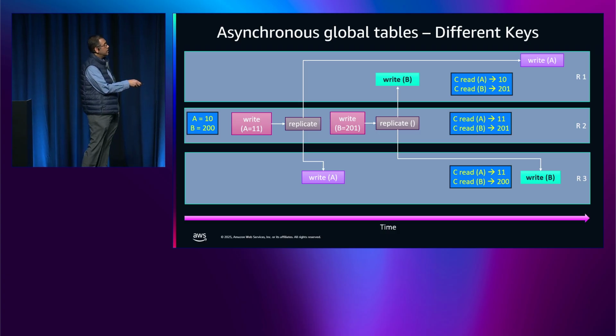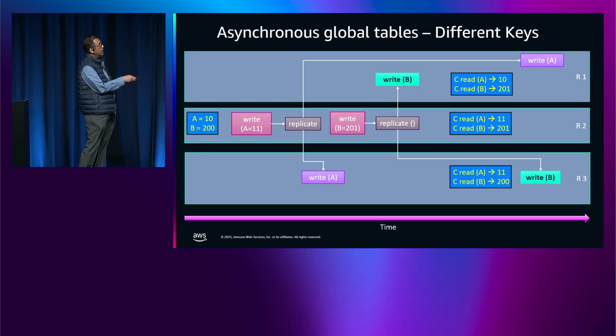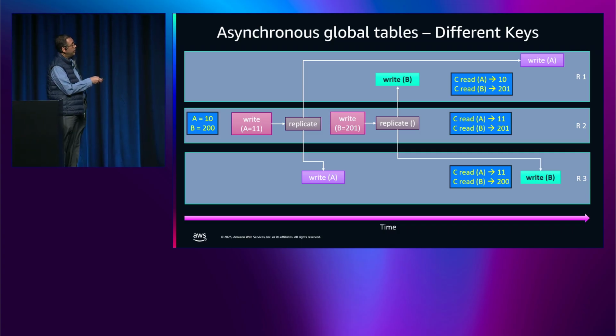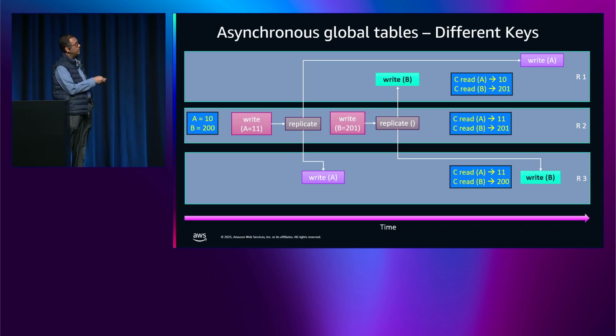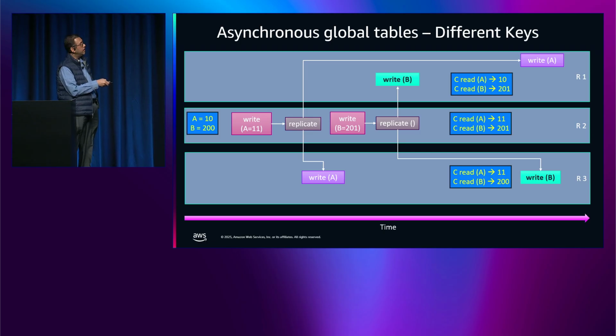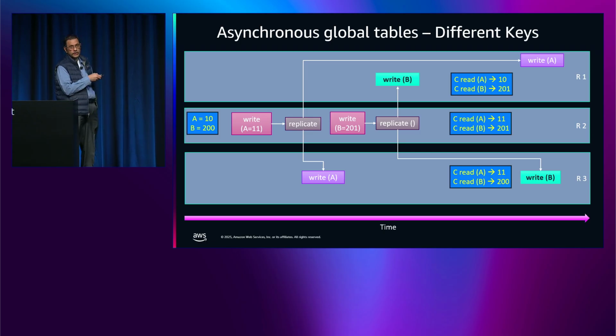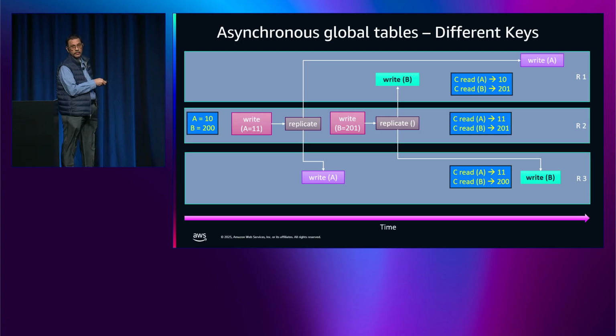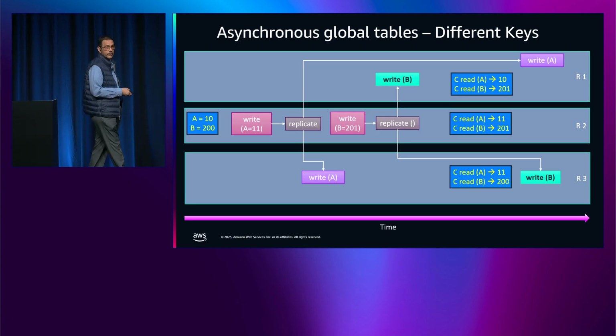This replication comes over here. This replication happens at a completely different time there. On a per item basis, A, or another item basis, B, we will guarantee that the replications are going to be in order. But across items, we cannot guarantee the same thing. The replication streams are independent.